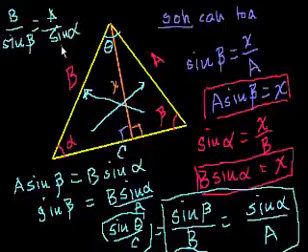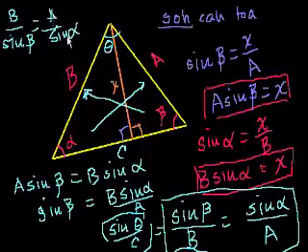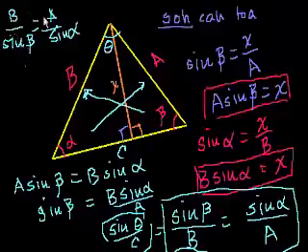This is useful because if you know one side and its corresponding angle, the angle opposite it, and say the other side, then you could figure out the angle that opens up into it. If you know three of these things, you can figure out the fourth, and that's what's useful about the law of sines.